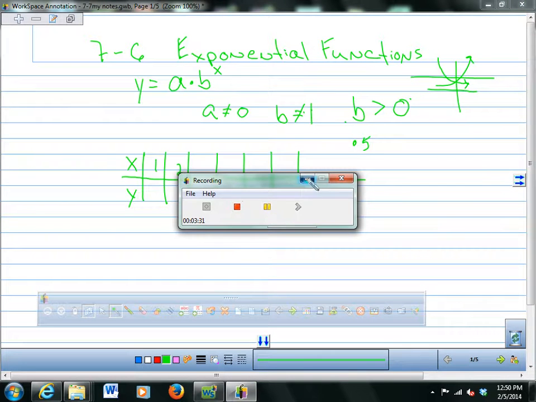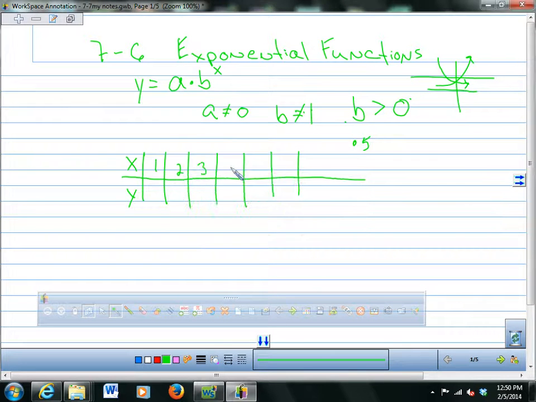So if x is 1, 2, 3, 4, 5, 6, and I have some numbers like 2, 4, 8, 16, 32. What would come next? 64. And they ask you, is this an exponential function?